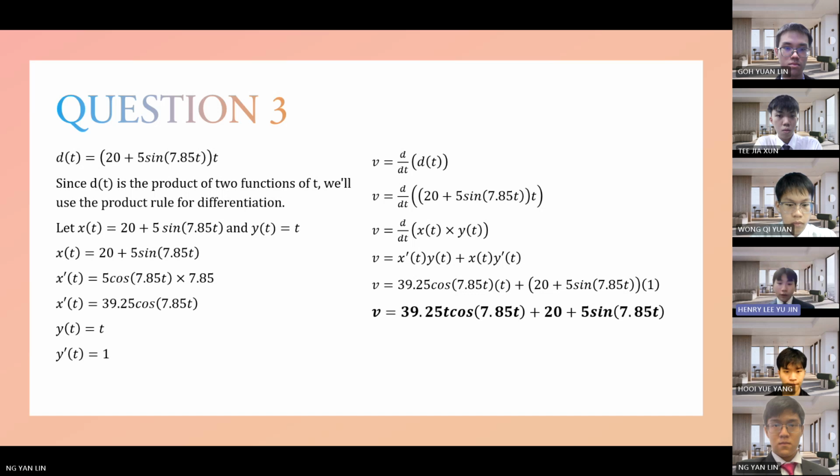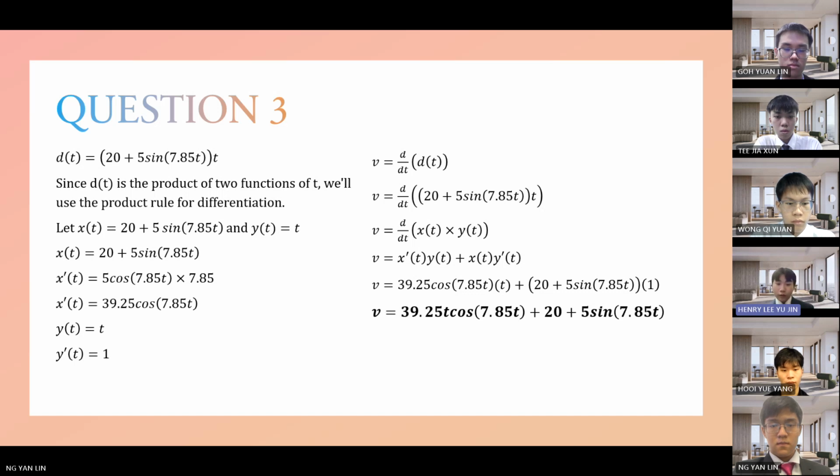Furthermore, v equals d/dt of the distance, which is d/dt of (20 plus 5 sine 7.85 t) times t. So v equals d/dt of x(t) times y(t), which equals x'(t) times y(t) plus x(t) times y'(t).